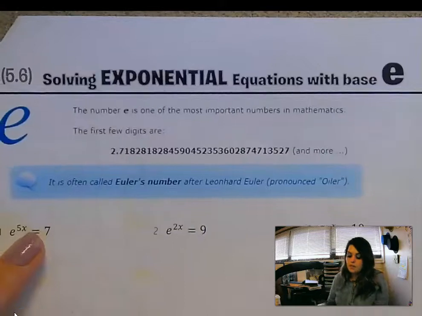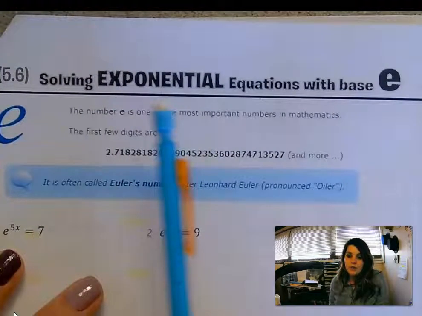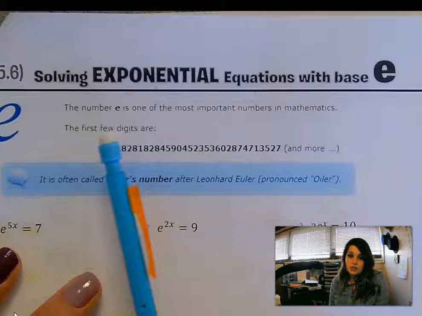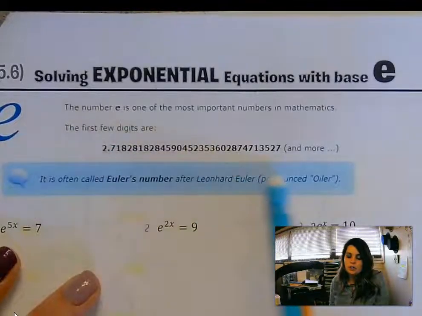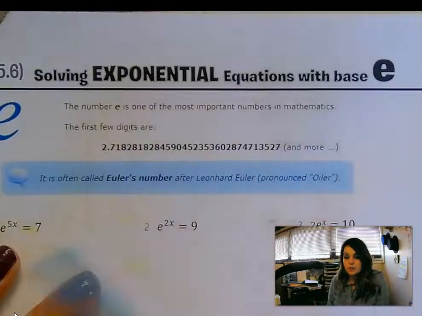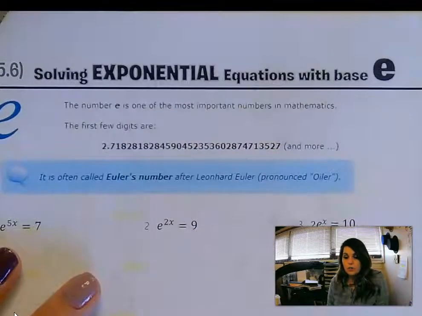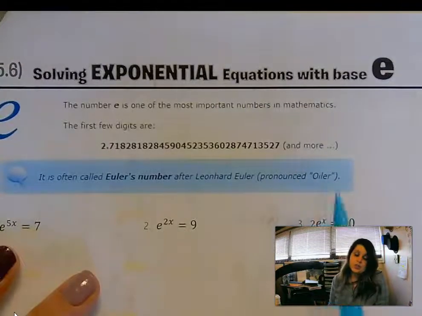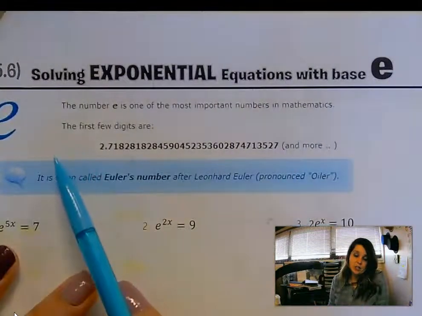The number e is one of the most important numbers in mathematics. The first few digits, that's like a majillion digits, are listed here for you. This is called Euler's number. So we just call it e though, because e is easier. And we call pi, pi. And e, e, even though it's really Euler's number, which is spelled like Euler.